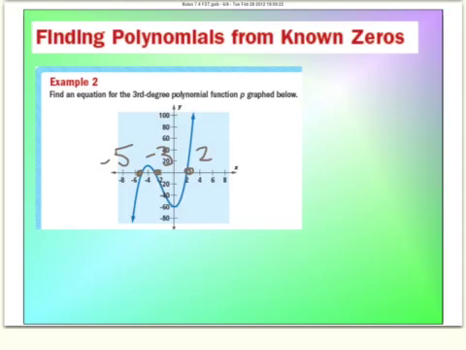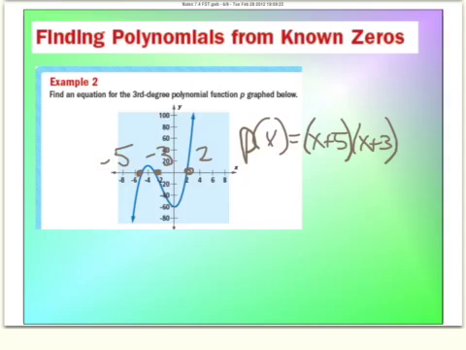The p of x function, or our polynomial function, has to be all the zeros written as factors. So if a zero is -5, a factor is x plus 5. If a zero is -3, a factor is x plus 3. And a zero is 2, a factor is x minus 2. Now, what you're going to want to do is determine if this function is being stretched at all, because you can tell the humps are higher than just 1 unit high.